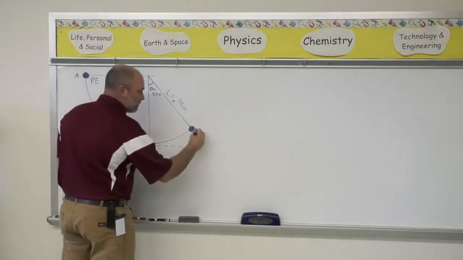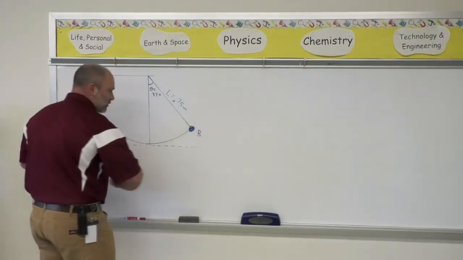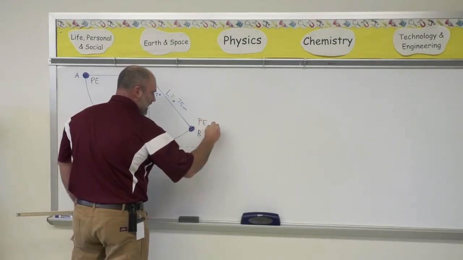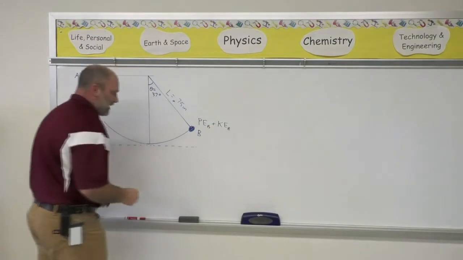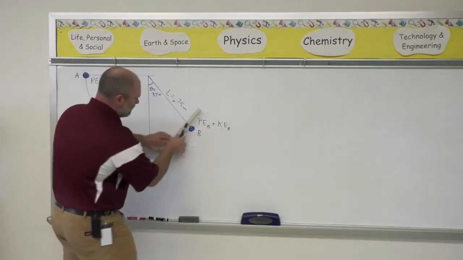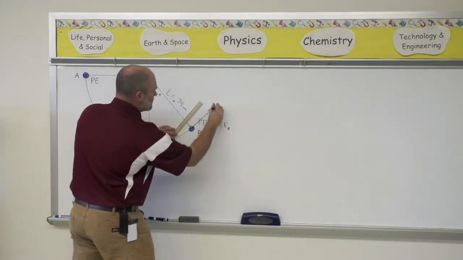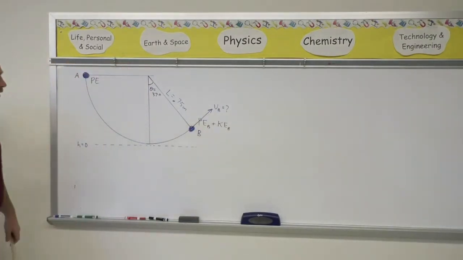So over here at point B, it's going to have both potential and kinetic energy. It is moving at that point. And once again, we of course would like to know what is the velocity. That'll be tangent to the curve. V at B is question mark. That's what we'd like to know.